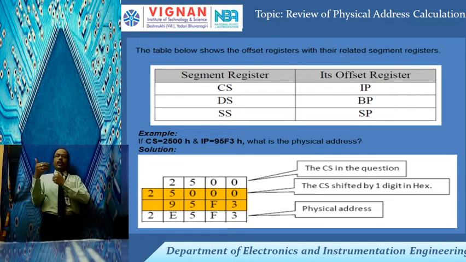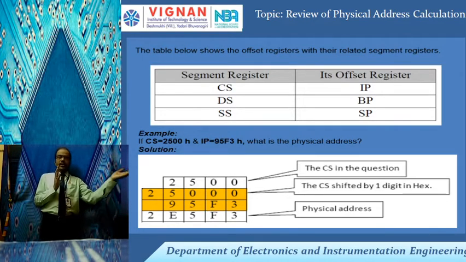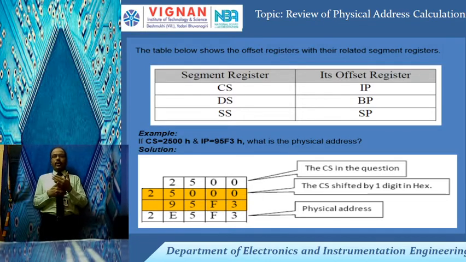How are we going to convert the 16-bit offset and segment address into a 20-bit physical address? First we have to shift the content of the code segment by 1 digit in hexadecimal, or 4 digits in binary, or otherwise multiply by 10.